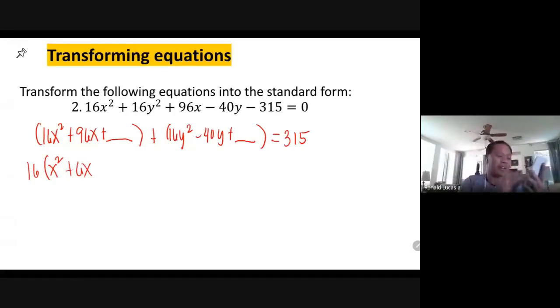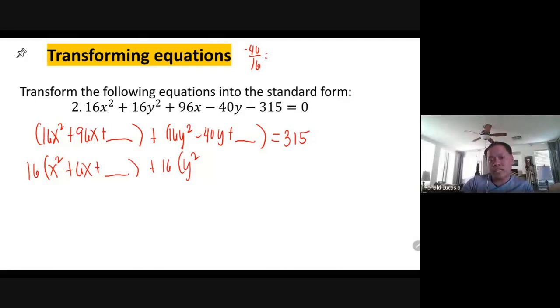I'll use my calculator. I don't want to do it manually. Yeah, it's 6. So plus a certain number. And then for 16y squared, we'll have to make 16y squared as y squared because the numerical coefficient must be equal to 1. So I'll have to factor that, 16y squared divided by 16 is y squared. Negative 40 divided by 16.